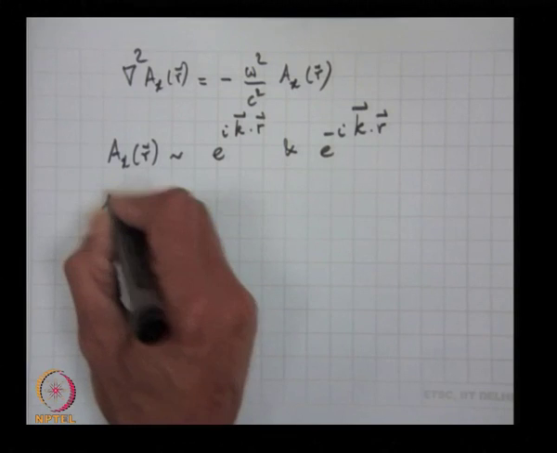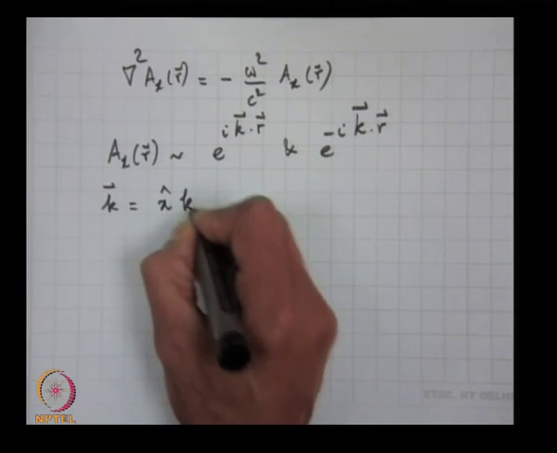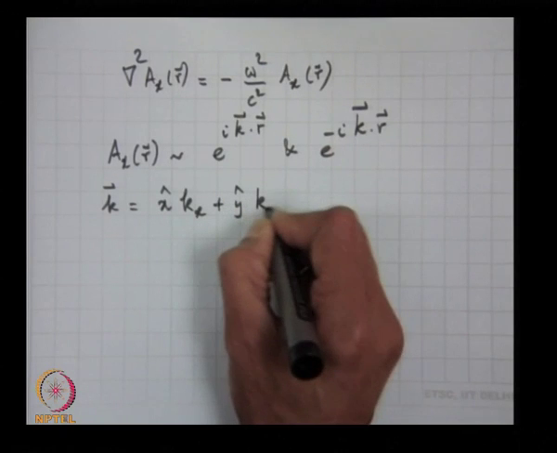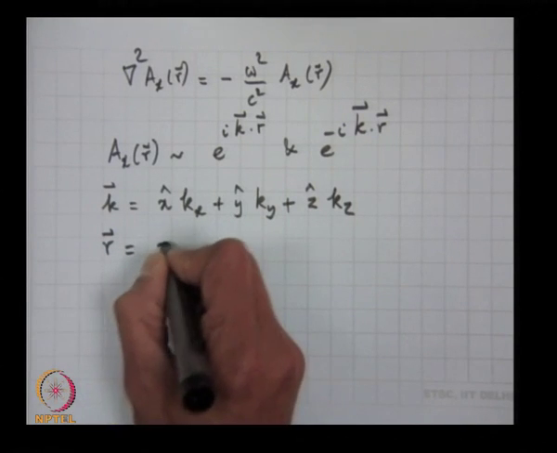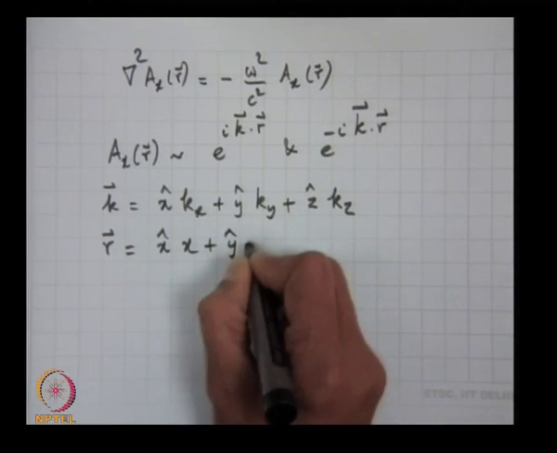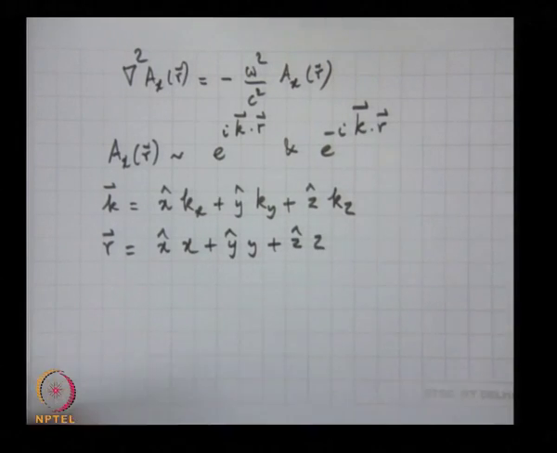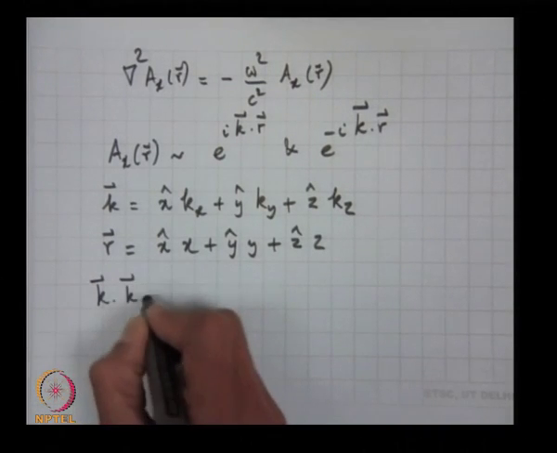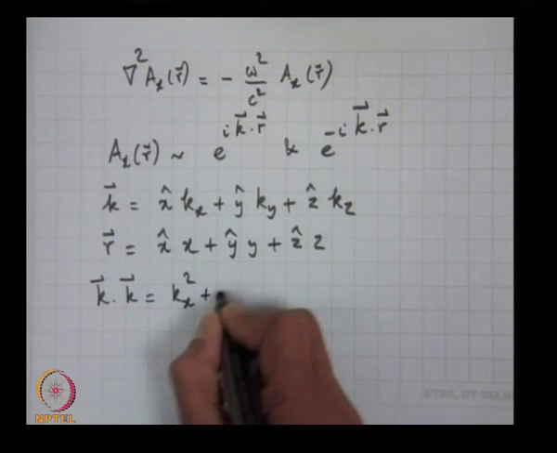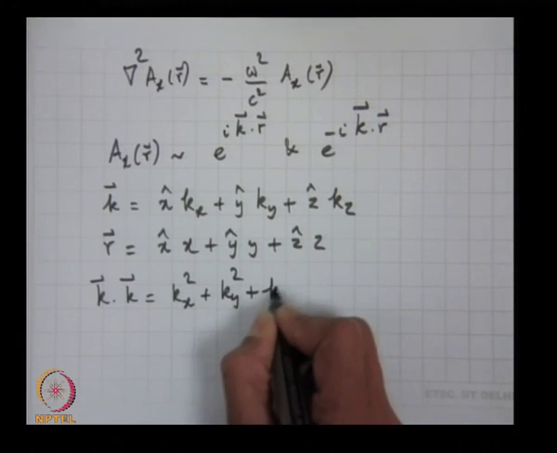Where k vector is equal to x cap kx plus y cap ky plus z cap kz, and r vector is the position vector x cap x plus y cap y plus z cap z. And k dot k is equal to kx square plus ky square plus kz square must be equal to how much?